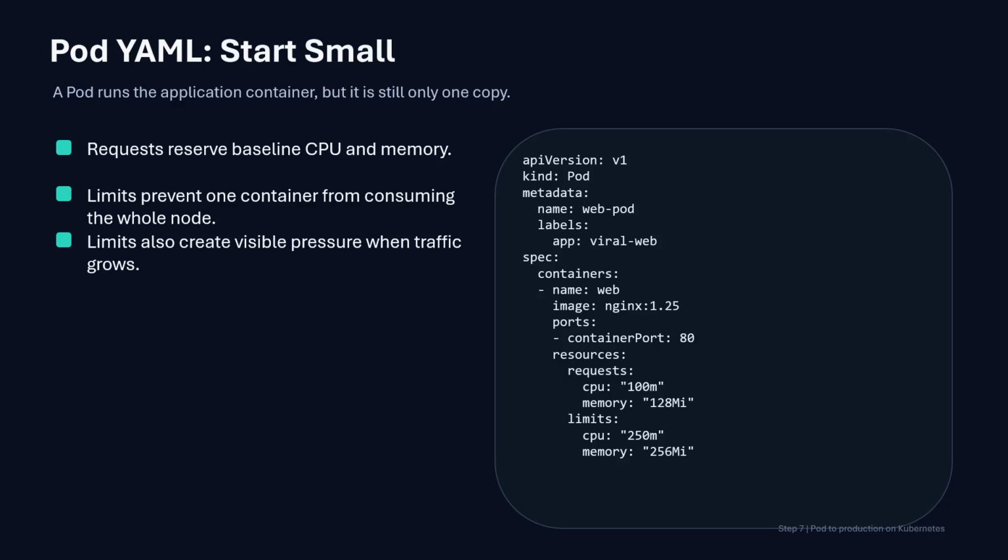When your pod starts, it will allocate 100m CPU and 128Mi memory. Limits means it can go up to 250m CPU and 256Mi memory.